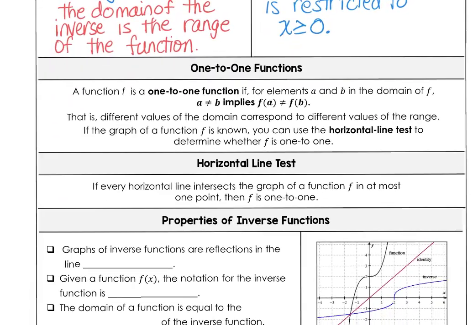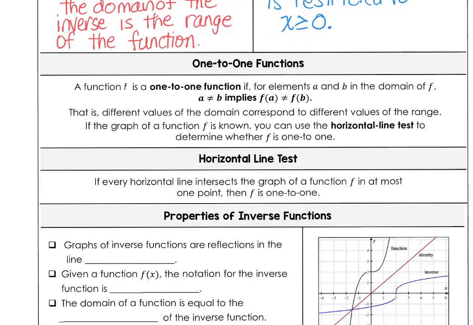Now, we can say a function is 1-to-1 if all the elements a and b in the domain of the function are not the same. A isn't b implies that the y values aren't the same. In other words, different values of the domain have different values of the range.